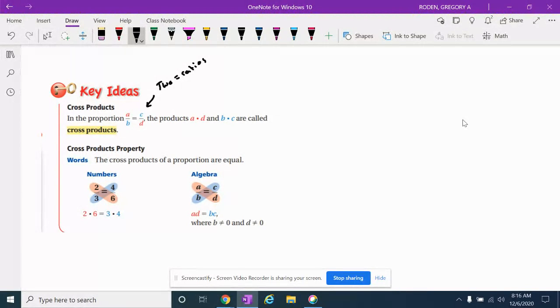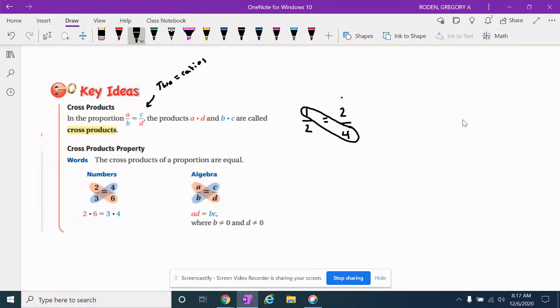Okay, so good job. You paused the video and wrote all this stuff down, because I know you wouldn't unpause without having written it down. A couple things I want to talk about: cross products. If you have the fraction 1/2, you know that 2/4 is the same as 1/2. Those are equal to each other, right? The cool thing about cross products is you can cross multiply and you're going to get the same answer.